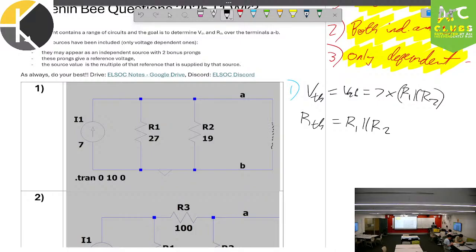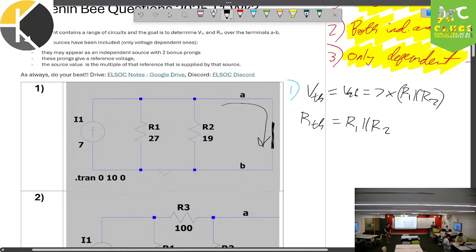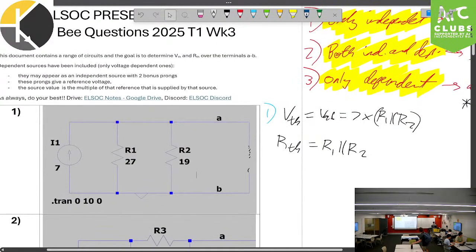So we would go ahead and draw in a line between the terminals that we're measuring our Thevenin equivalents, and determine the current going through this. Now, because this is a short circuit between our 2 nodes, it's going to be all the current, right? And it'll just be 7. And if I divide V Thevenin by this value, I end up with, quite frankly, R1 parallel R2. So that's methods 1 and 2 verified.